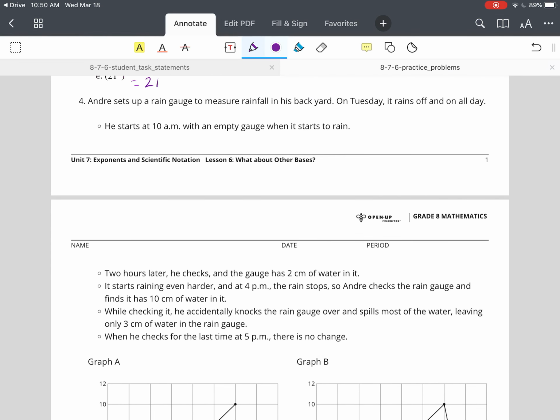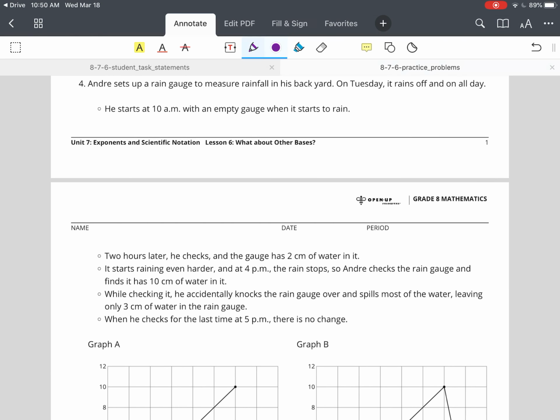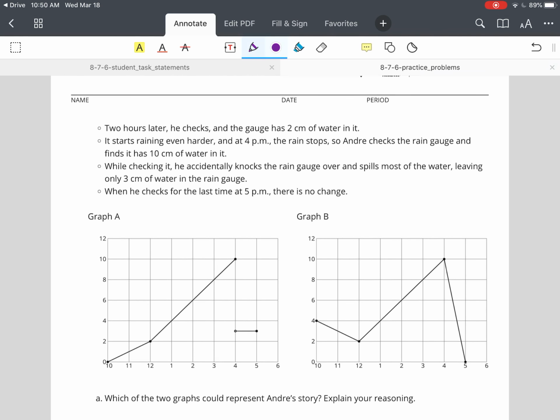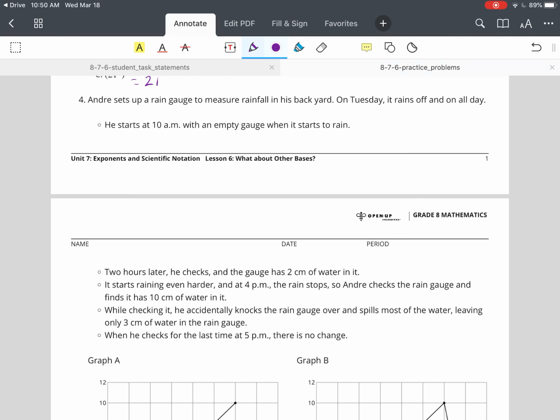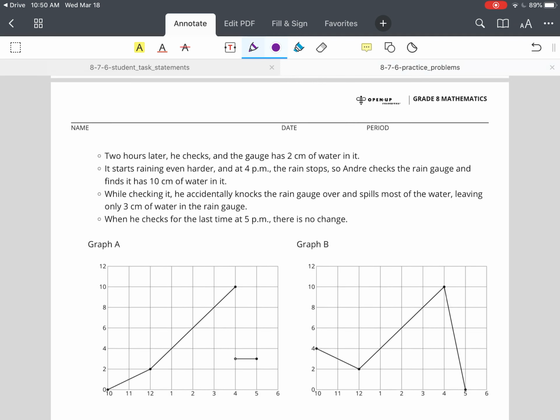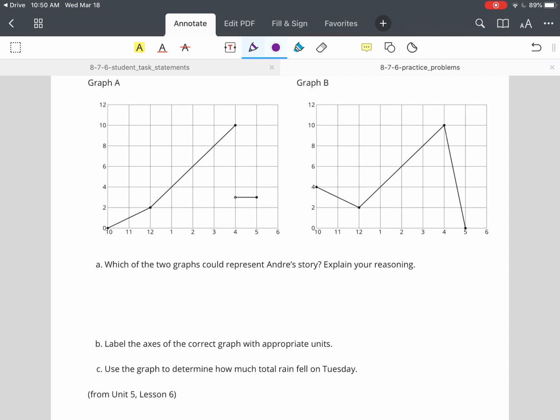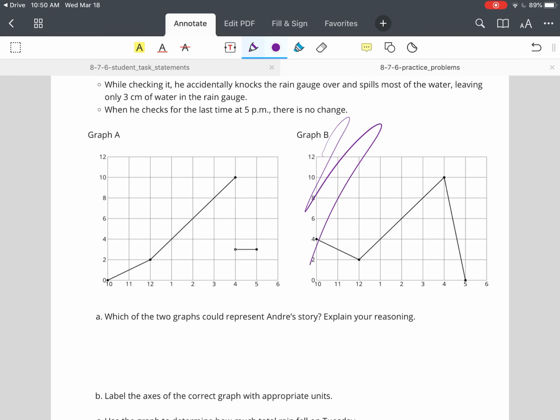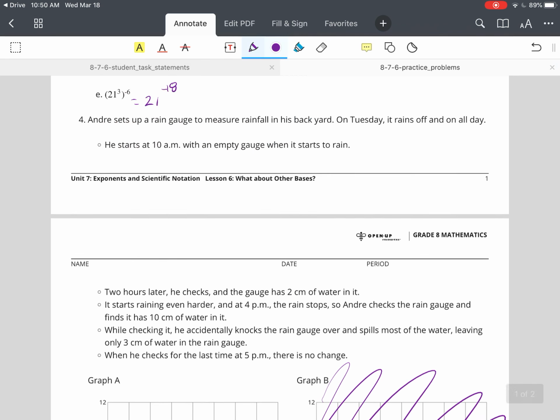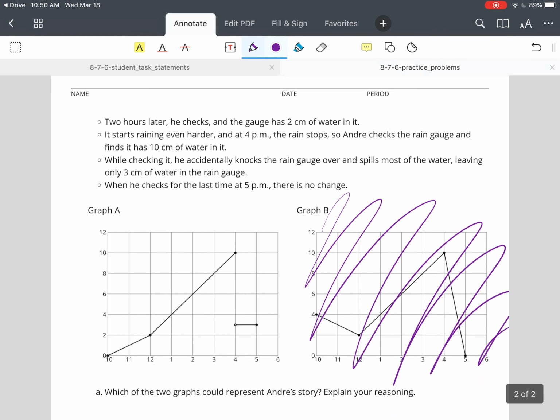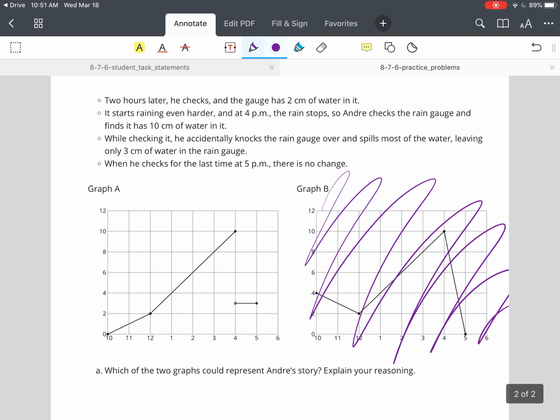Andre sets up a rain gauge to measure rainfall in his backyard. On Tuesday, it rains on and off all day. He starts at 10 a.m. with an empty gauge when it starts to rain. So it's empty. Okay? So if it's empty, it can't be this one. 2 hours later, he checks, and the gauge has 2 centimeters of water in it.